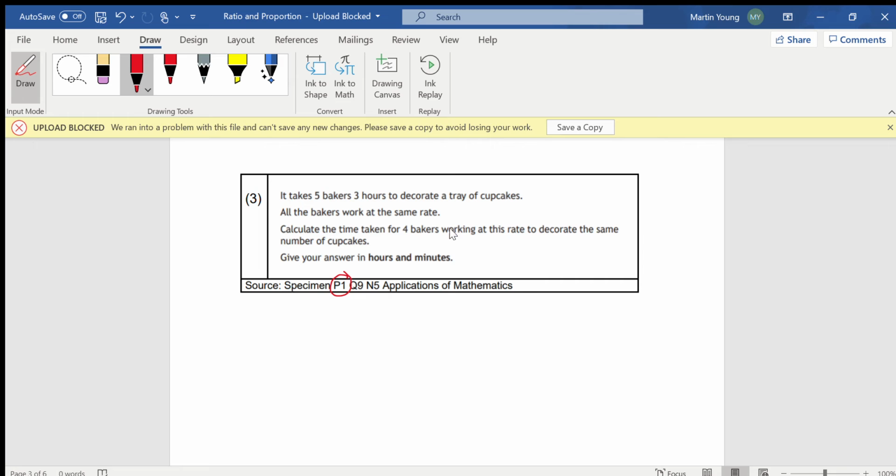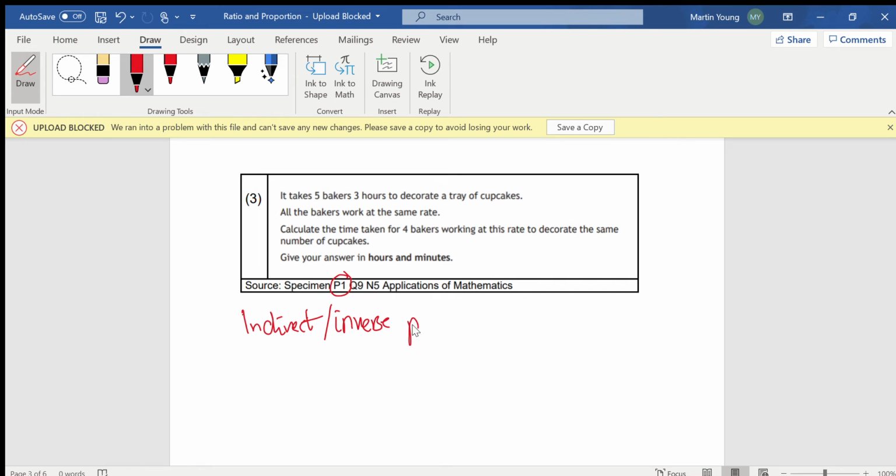Okay, so we're dealing with a type of problem where we are decreasing the number of bakers, so we're getting less bakers, but they're being expected to do the same amount of work. If that's the case, you would expect that the time here would increase. If you get less people doing it, it's going to take longer. So what we've got here is an indirect proportion type question, or inverse proportion.